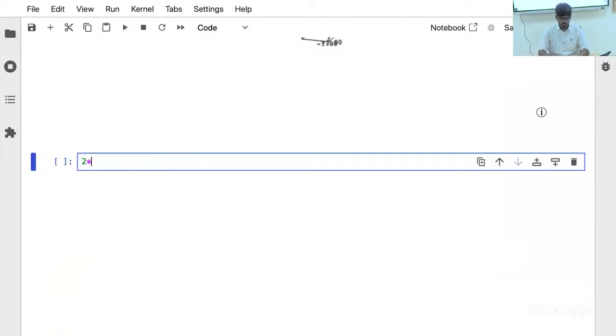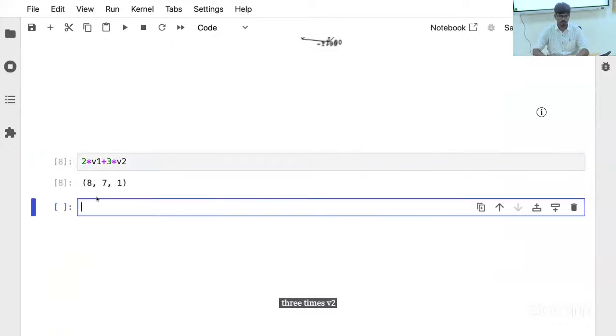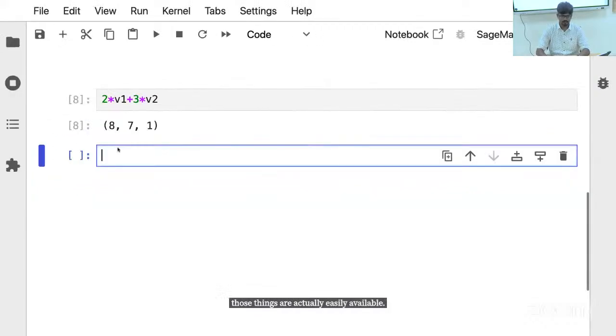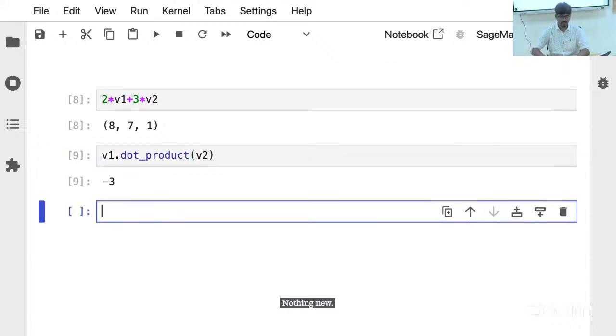So if I do 2 times V1 plus 3 times V2, that's the linear combination we have looked at, and we know that those things are easily available. Okay. And I can do a dot product. Nothing new, whatever we have done in the previous session.